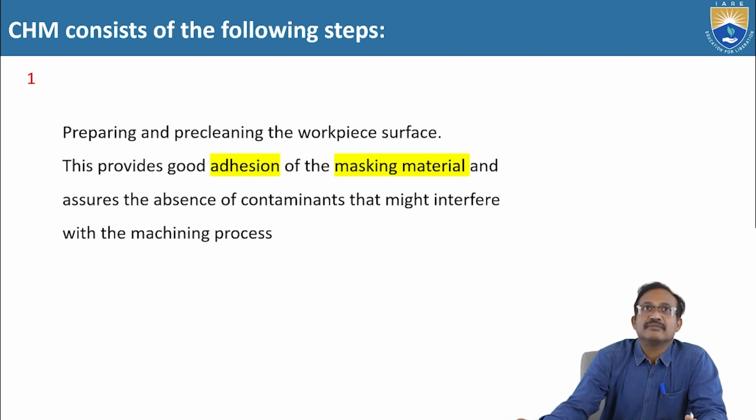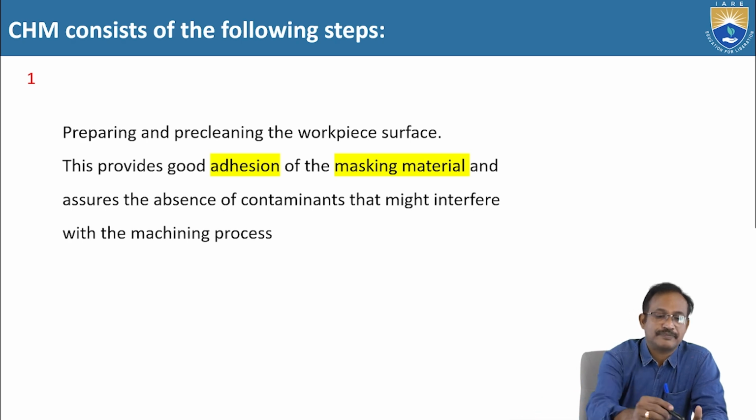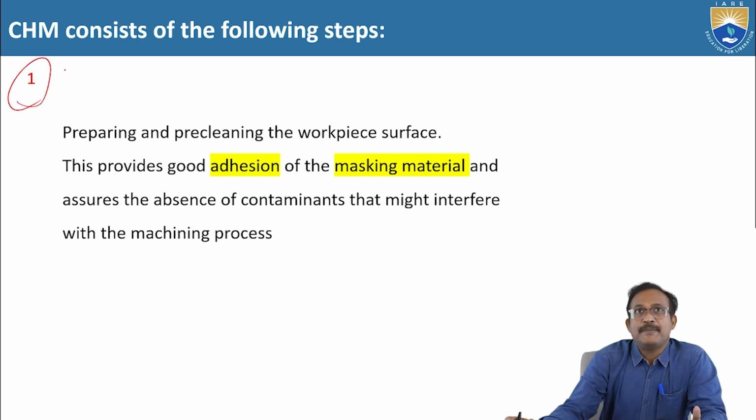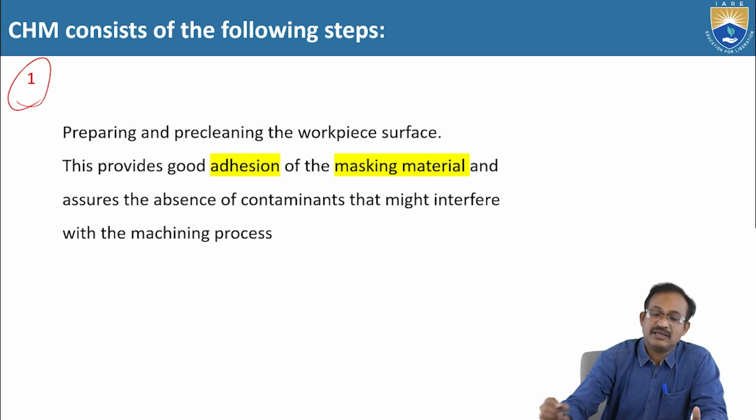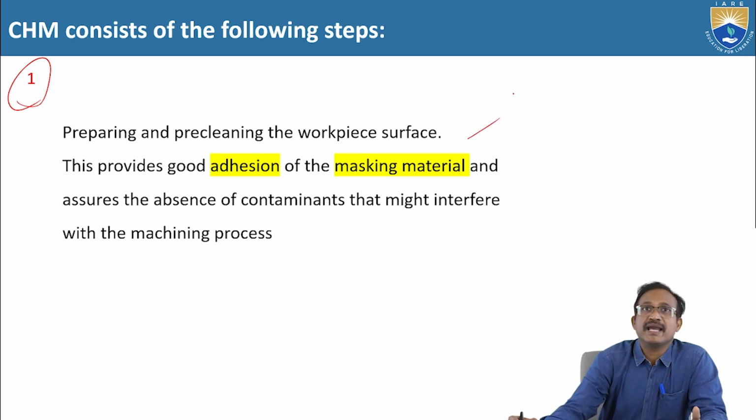Chemical milling consists of the following steps. The first step is preparing and pre-cleaning the workpiece surface. This provides good adhesion of the masking material and assures the absence of contaminations that might interfere with the machining process.